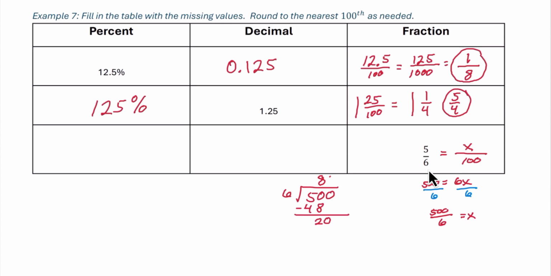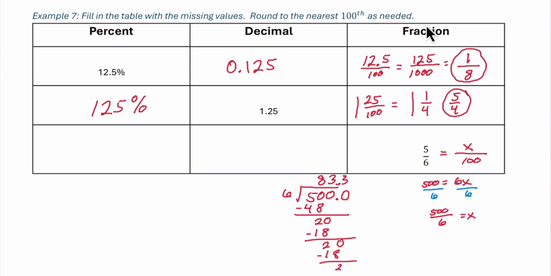6 goes into 20 3 times. 3 times 6 is 18. Subtract and we get a 2. We can add a decimal point and a 0 and drop down that 0. 6 will go into 20 3 times. Multiply, we get 18. Subtract, we get a 2. And you're going to see that we get a repeating decimal there. That 0.3 is going to repeat forever.